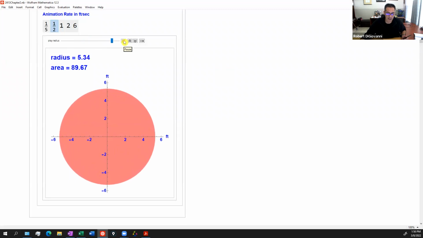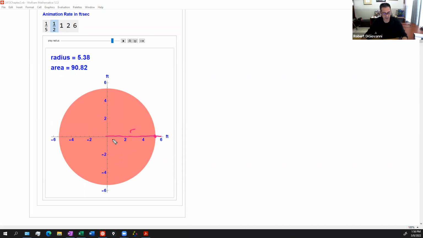So I want you to pay attention to something right now. I'm going to continue this, but I want you to keep your eye on the edge point of the circle along the x-axis. Just watch the edge of that circle along the x-axis. And if you think of it as a point, notice how it's just moving at a constant rate across the x-axis. It's not speeding up, it's not slowing down. That's the radius, right?